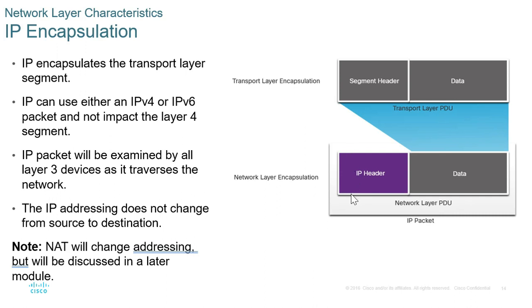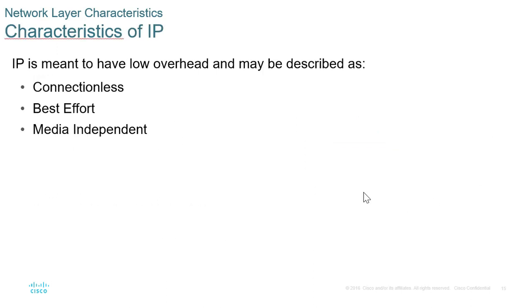So kita dah tengok sebelum ni proses dia bahawa IP addressing ni it will not change daripada source ke destination. So IP internet protocol ni akan berfungsi secara connectionless, best effort and media independent.